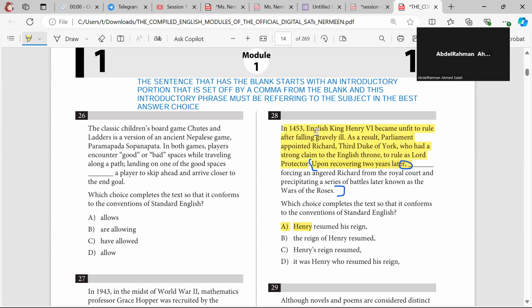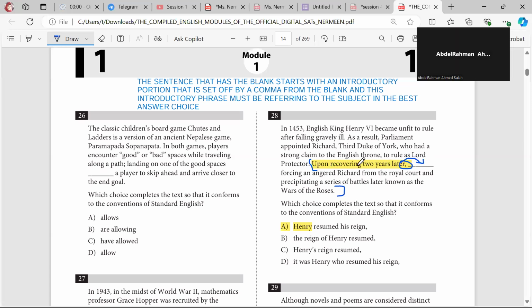In 1453, English King Henry VI became unfit to rule after falling gravely ill. So this king fell ill, right? So you came to know that recovering means to regain his health back. So upon recovering 2 years later, this part, Dr. Abdurrahman, must refer to the subject of your best answer.